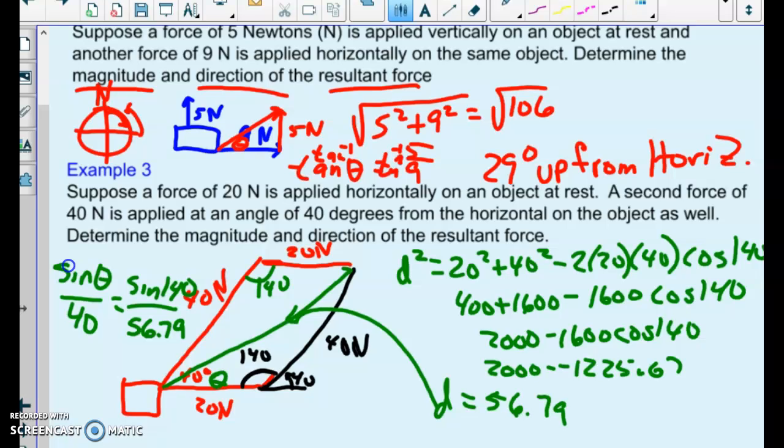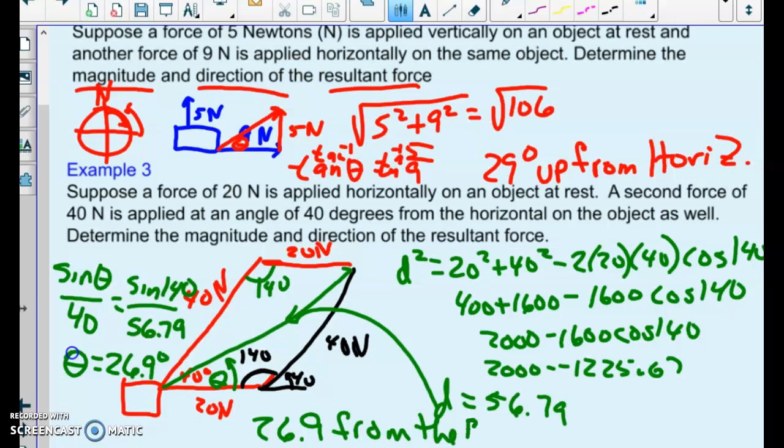I'm going to pause here to get that answer. So I did the cross products and then solved, and I got 26.92 degrees. So my direction is 26.9 degrees from the horizontal, with a magnitude of 56.79.